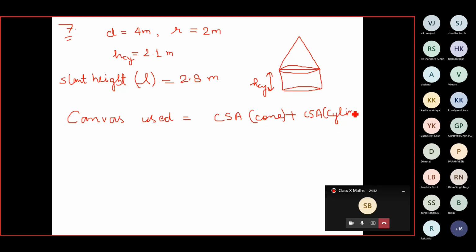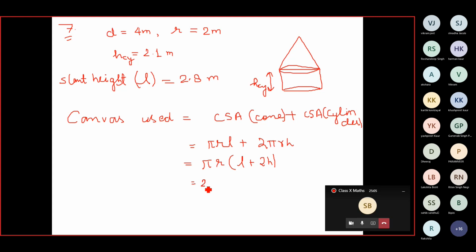CSA of cone will be pi r l, plus CSA of cylinder will be 2 pi r h. Now this pi r we can take as common in both the terms. So the first term will be remaining with the l and the second term will be remaining with the 2h, because pi r you have taken as common in both the terms.